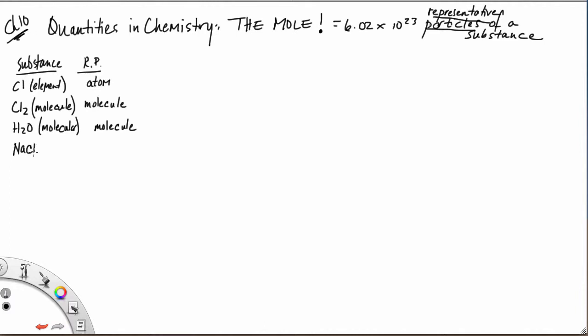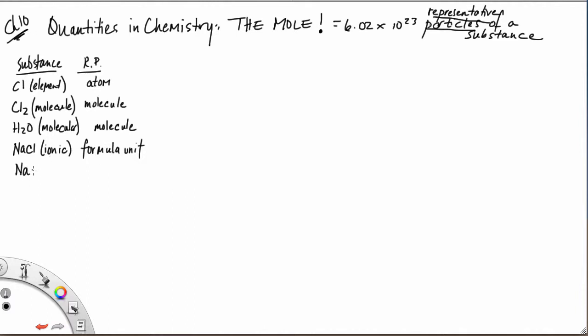Sodium chloride is an ionic compound. Metal plus nonmetal, remember, is an ionic compound. The representative particle of an ionic compound is a formula unit, not a molecule. I'm not going to take the time to explain the difference right now, but remember that it's a formula unit.